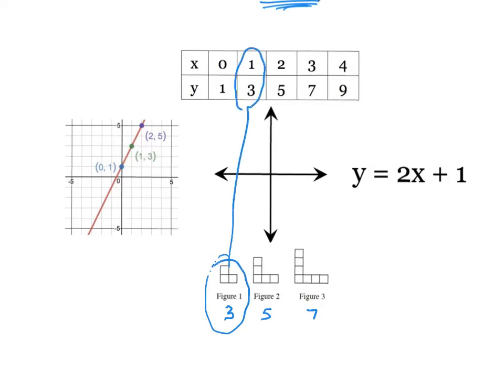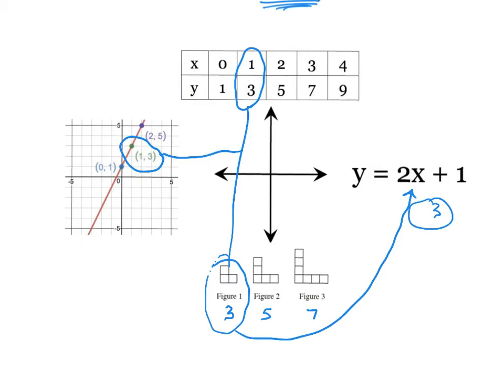That is a point in the table. It is also a point on the graph. And if you plug a 1 in for the x, representing figure 1, it'd be 2 times 1 is 2, plus 1 is 3. So, as you can see, these are all interrelated.